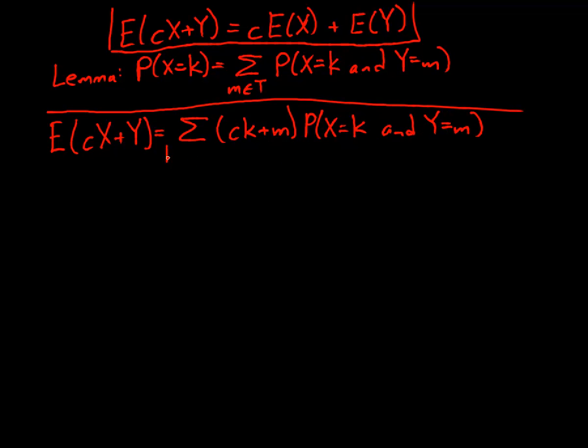We're summing over all the k's in S and m's in T, all the possible values for the random variable X and all the possible values for the random variable Y. Now, notice k is replacing X here, and m is replacing Y.